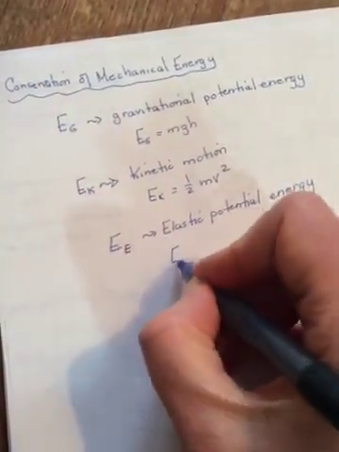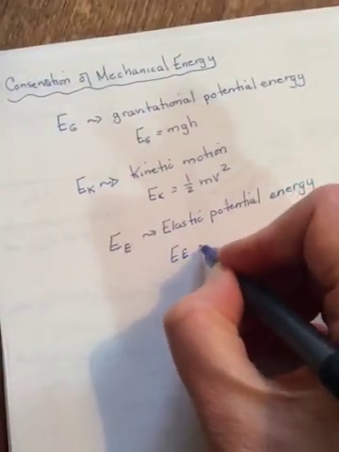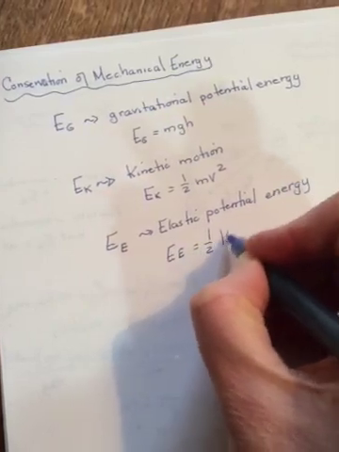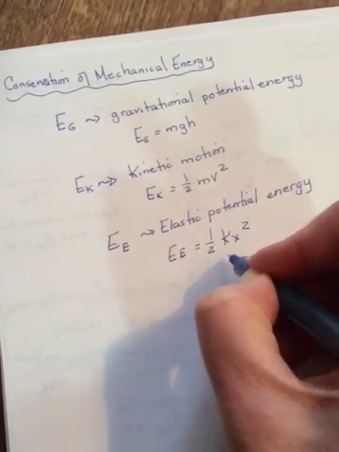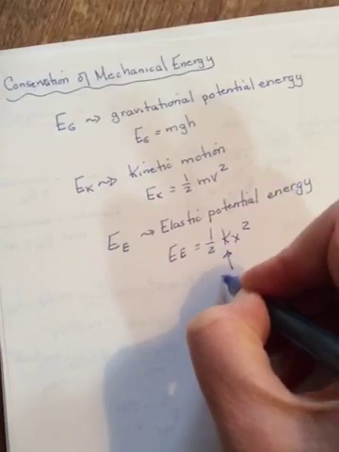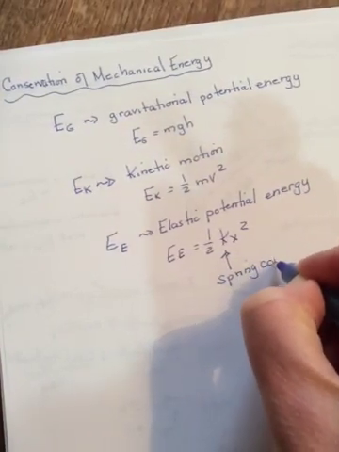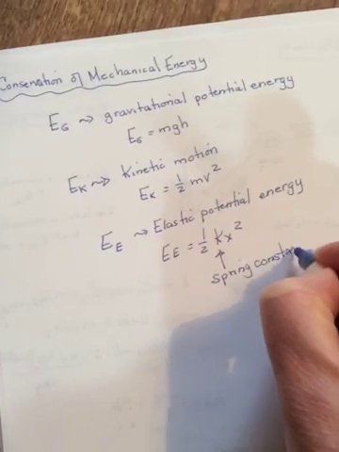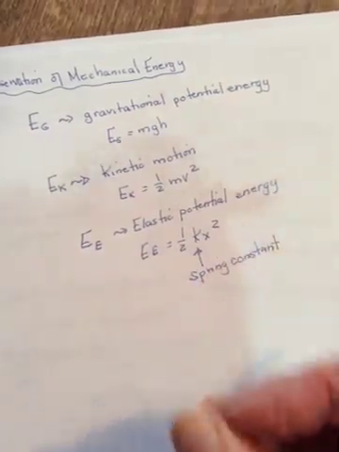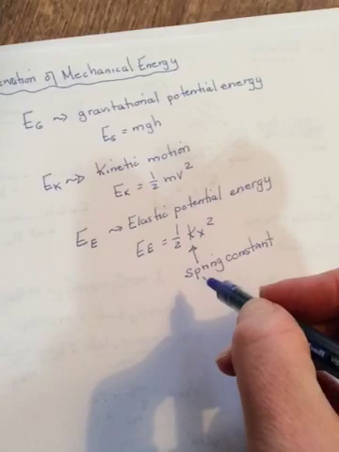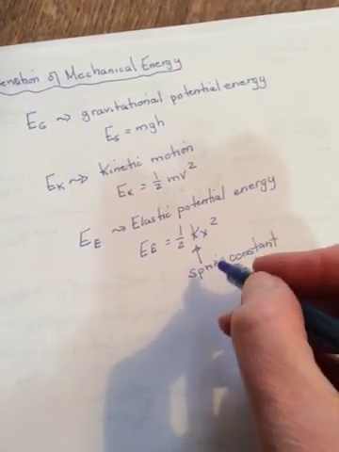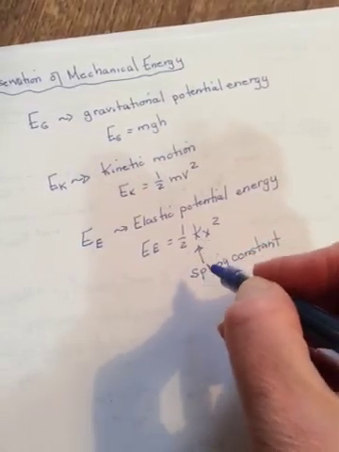Okay, and elastic potential energy is equal to 1/2 kx squared, where k is the spring constant. And it tells us about how stiff or how light a spring is. How difficult it is to stretch or not will be dependent on the spring constant.